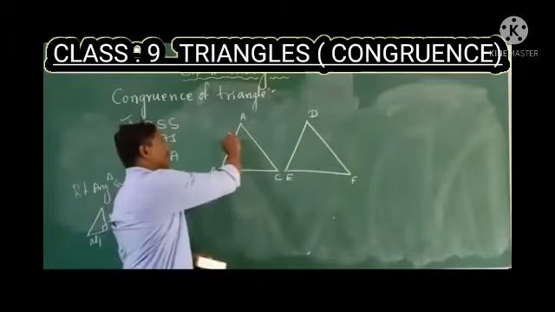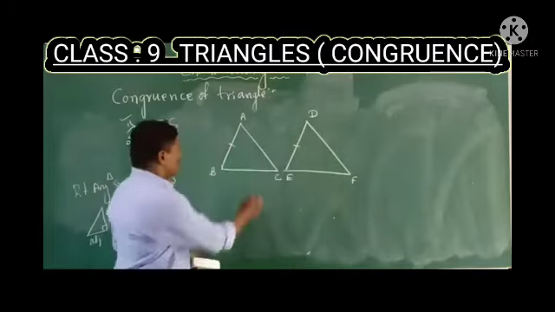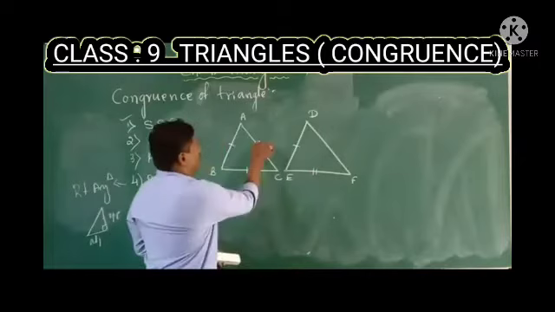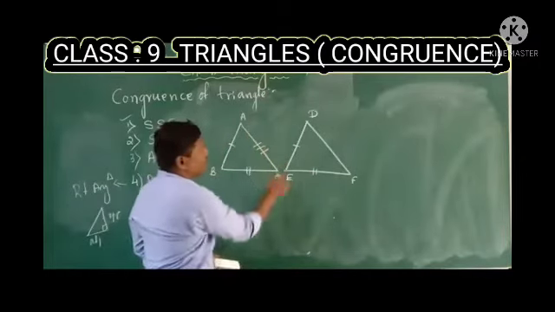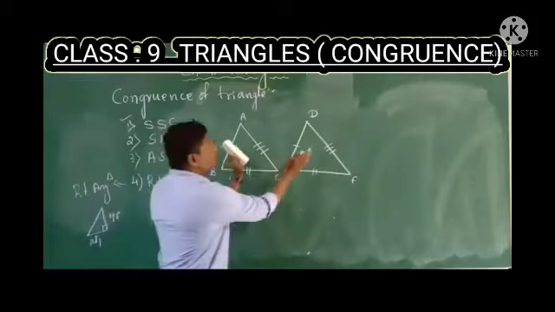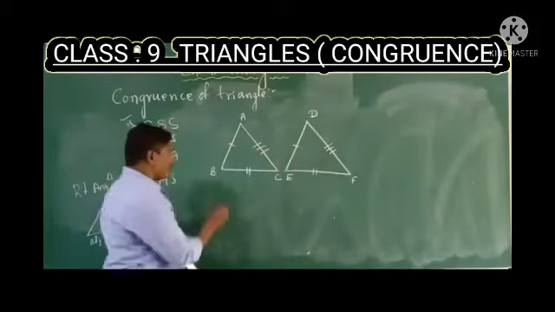In that, the length of the side AB is equal to DE. Second, BC is equal to EF. Third, AC is equal to DF. So we need to prove that these two triangles are congruent.